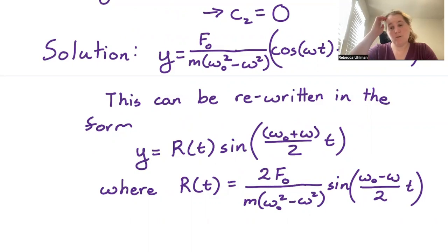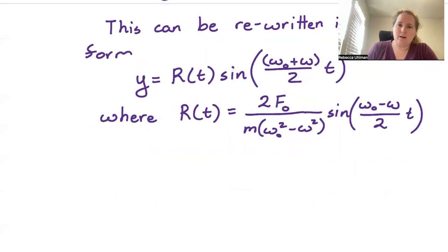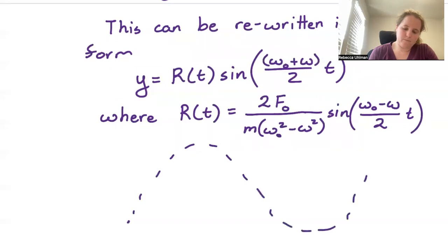So a reason for writing it in this form is if we view the sine of omega naught plus omega over 2 times t as our primary function, and that r of t as sort of our amplitude at any given point, then we have sort of our background sine function. And then we have oscillations taking place within that.